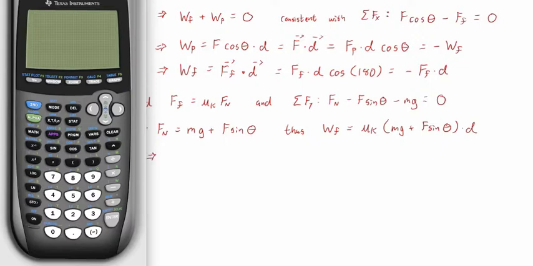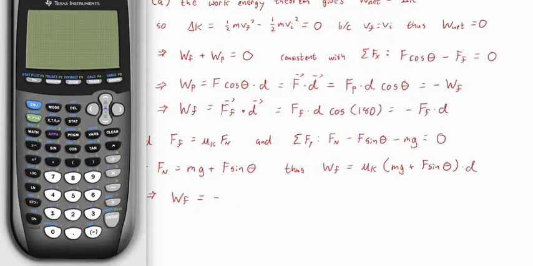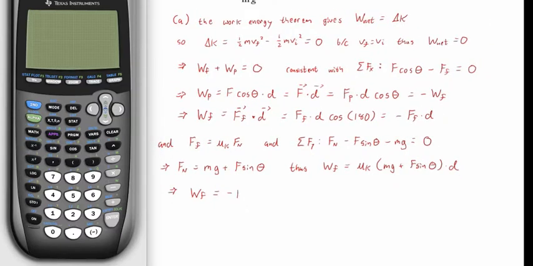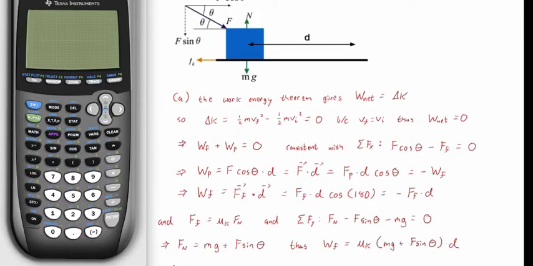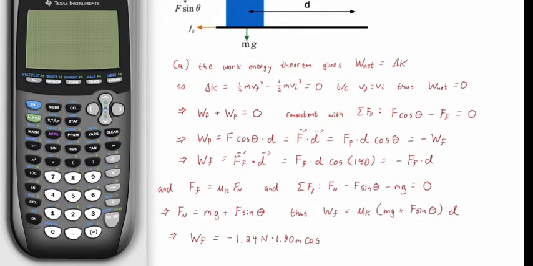So, okay, when we actually plug in numbers, I'm going to plug them in this way and say that the work of friction is just going to be equal to negative times the force, which is 1.24 newtons, and then we have the distance, which is 1.9 meters, and then cosine of the angle, 36.